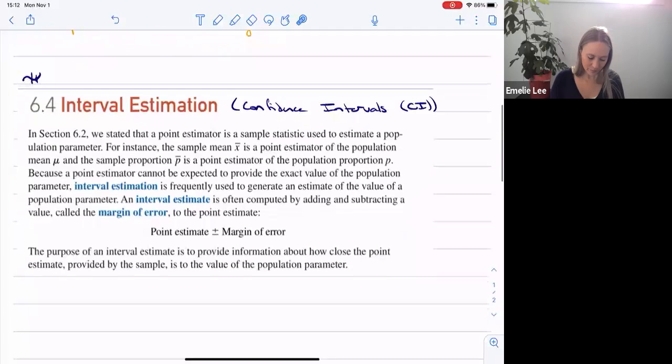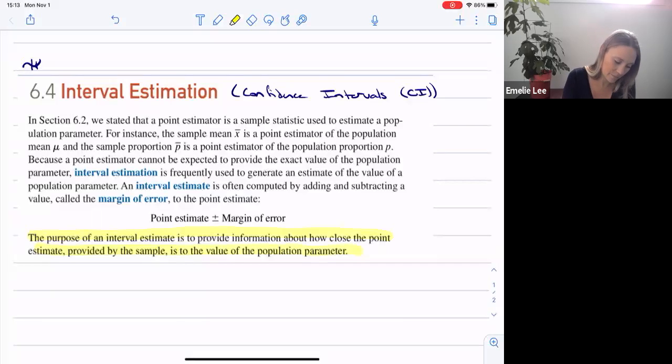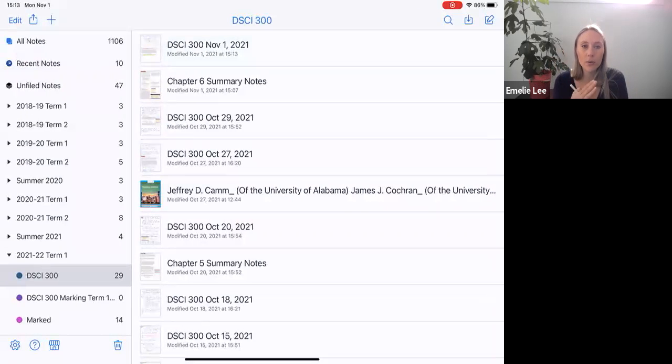So the purpose of an interval estimate, a confidence interval, is to provide information about how close the point estimate provided by the sample is to the value of the population parameter, right? So we only have sample information. The idea is we're going to try to capture the population parameter. Okay, so I'll just highlight that because that's a really important idea, both for building confidence intervals, but also for interpreting confidence intervals.